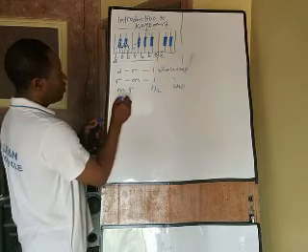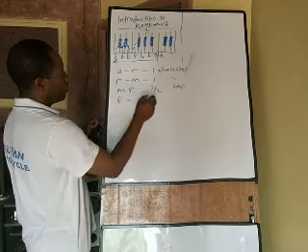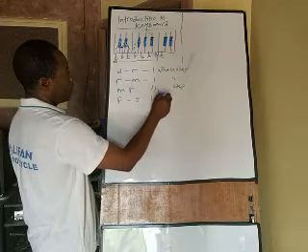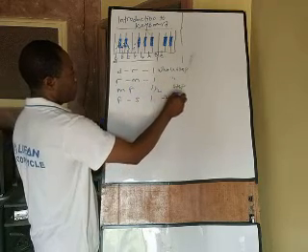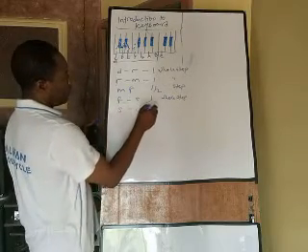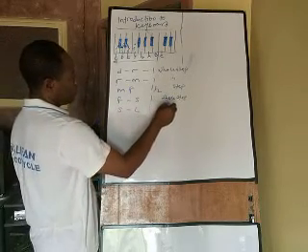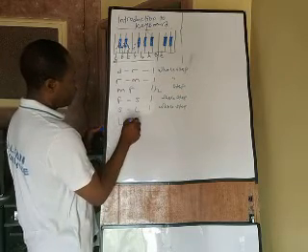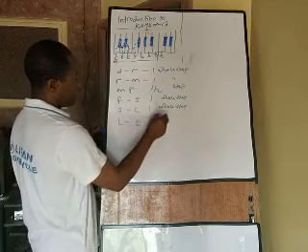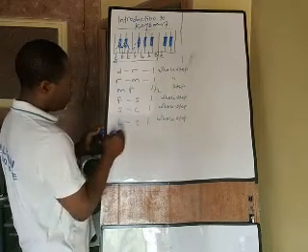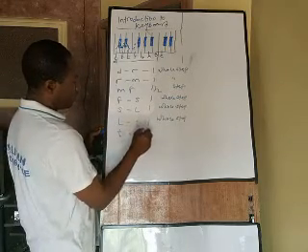Between fa and so is whole step. Between so and la is whole step. Between la and ti is whole step. Between ti and do is what? Half.